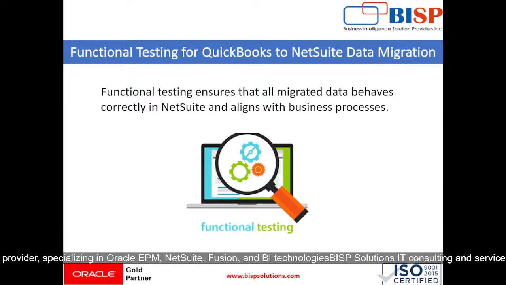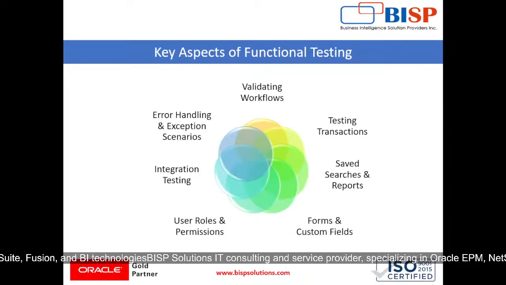business requirements by verifying each module's functionality. It also covers workflows, transactions, reports, and system configuration. The key aspects of functional testing: we will be validating workflows, where we ensure workflows trigger correctly based on conditions.